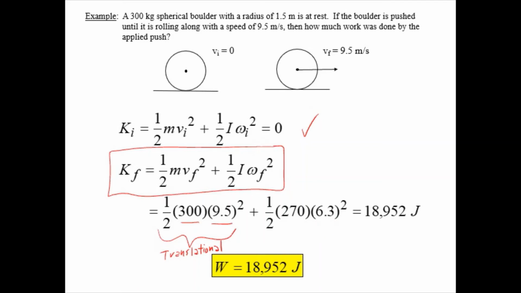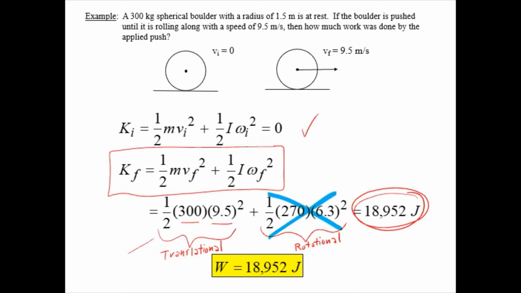And when we add that on, we notice that the answer gets quite dramatically different. Okay, so we have some rotational kinetic energy as well. And when we add them together, we get almost 19,000 joules of kinetic energy. Now, what was just the translational kinetic energy? What if I'd forgotten? What if I was a student who wasn't paying attention and I had forgotten this?